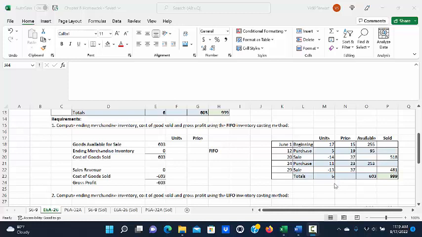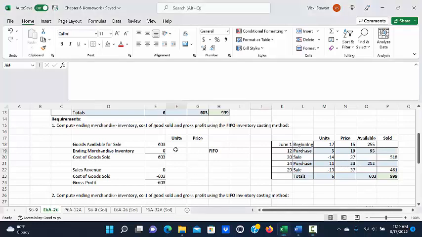Under first in, first out, we would assume that the first items purchased are sold first. So these 6 items would be from our newest purchases, which were 11 items at $23 per item.